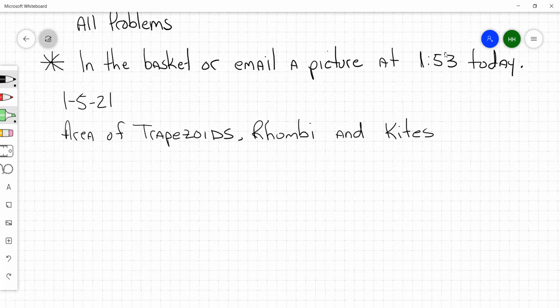All right, so area of a trapezoid. That's equal to 1/2 times the height, and then you multiply that by your base 1 plus your base 2.